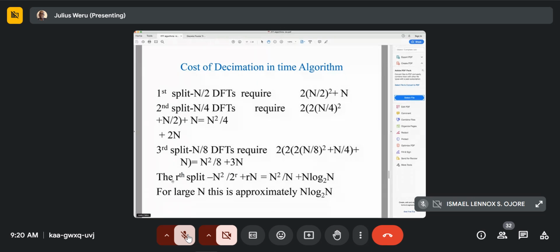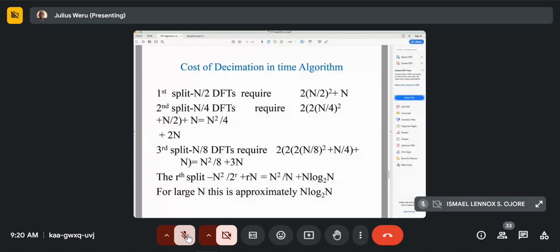So if you do the r-th split, you're always getting n over 2 divided by 2n. So it is n over 2 to the r times rn. That is plus rn. That is this plus this.